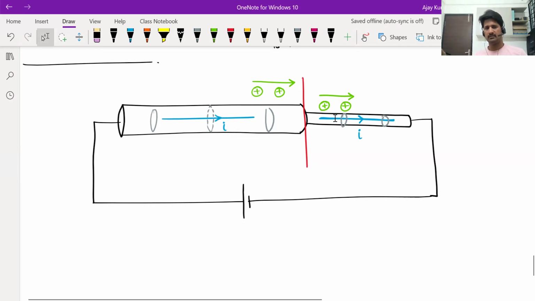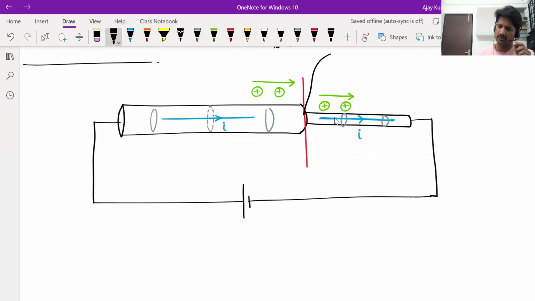So in a single branch, whether there's only one conductor or whether there are multiple conductors, whether there are resistors, capacitors, batteries, whatever it is, in a single branch, the current must be same everywhere. Later on, you'll learn about something called an inductor also. These are the basic circuit elements that you are going to come across: battery, resistor, capacitor, inductor. So whatever be the elements present in a single branch, if there is no extra wire connected in between, means if there is no junction anywhere, all the elements will have the same current through them. Everywhere in that branch, the current will be the same.